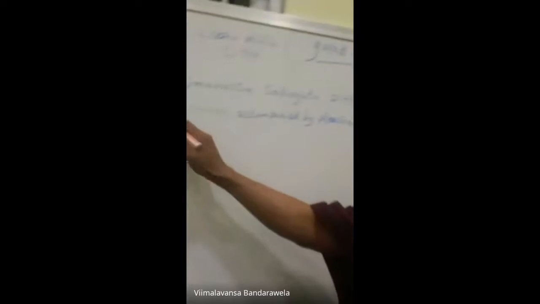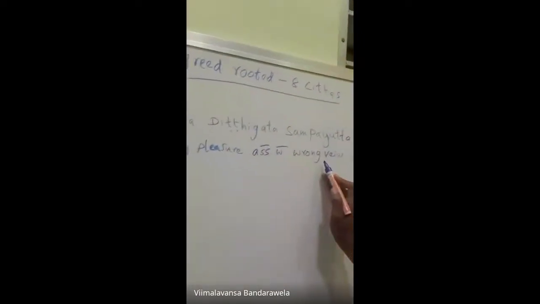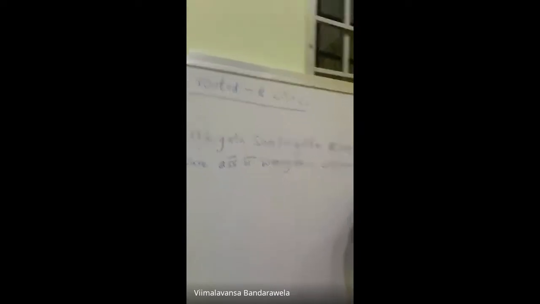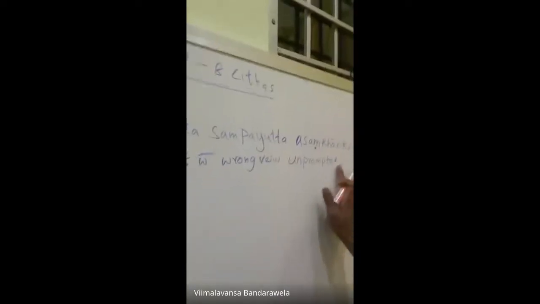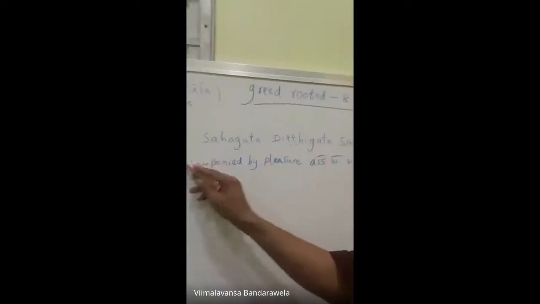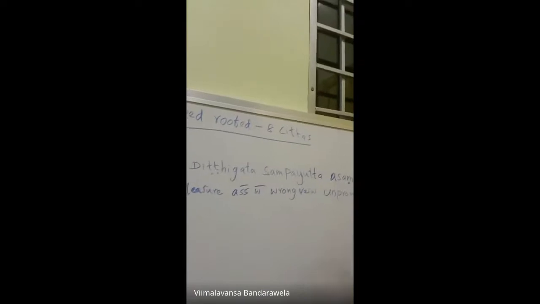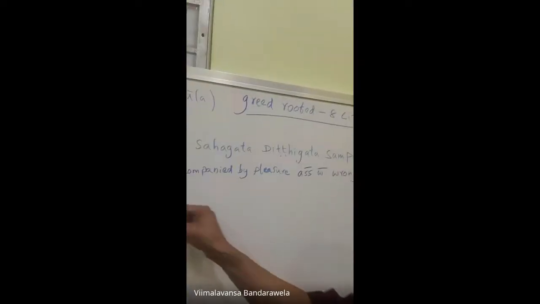So the consciousness accompanied by pleasure, associated with wrong view, unprompted. We don't need prompting. That is what is called somanasa sahagata ditthigata sampayutta asankharika chitta. Please write it down.